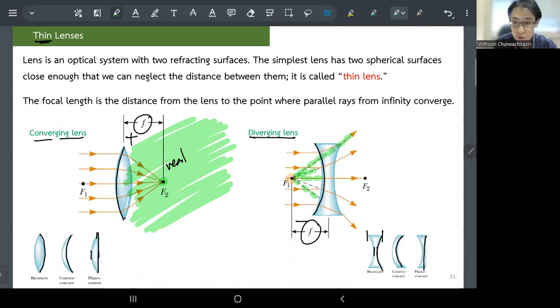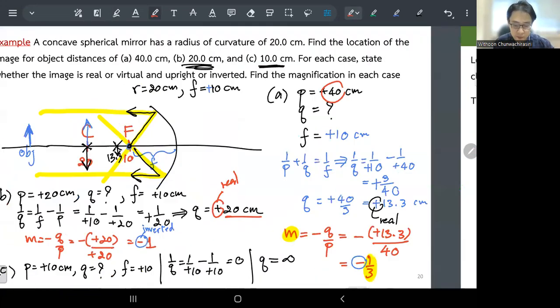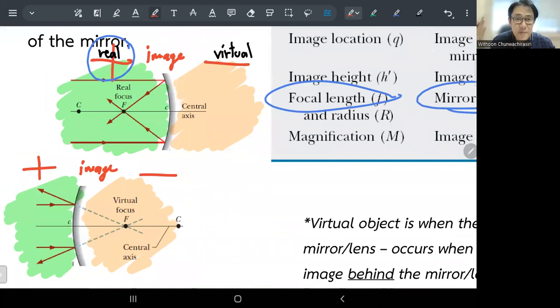It's through and through, no coming back. So that means if you were to get a real image, the real image is supposed to show up behind the lens. So the back side of the lens is supposed to be the positive side for the image, which is opposite to the mirror case. That's all you have to keep in mind.